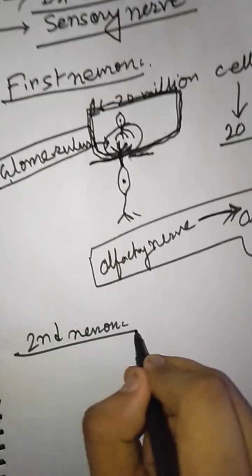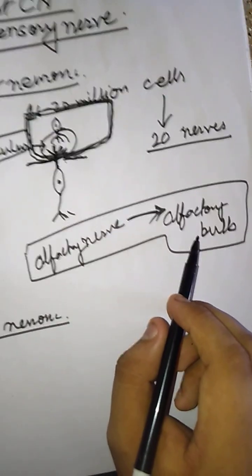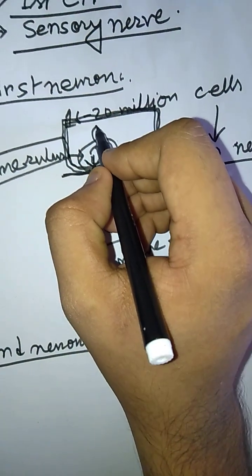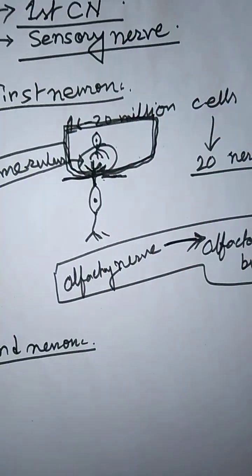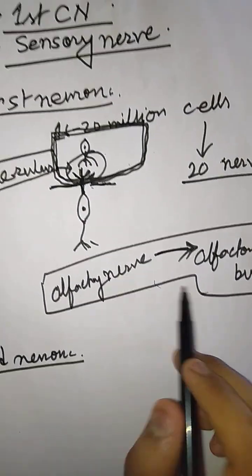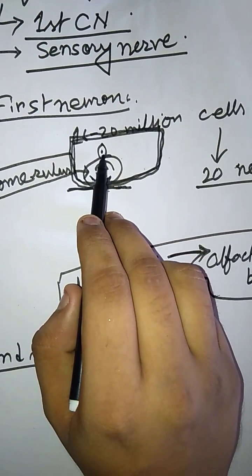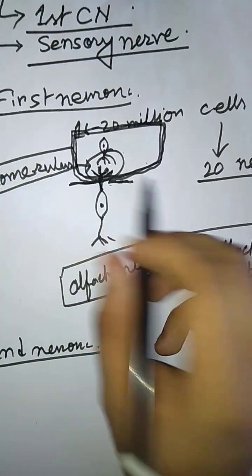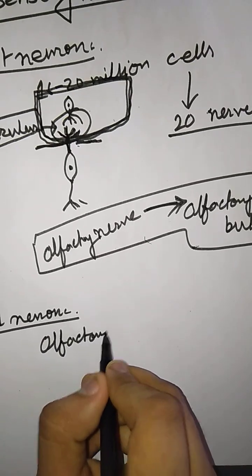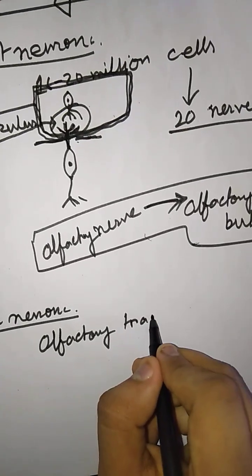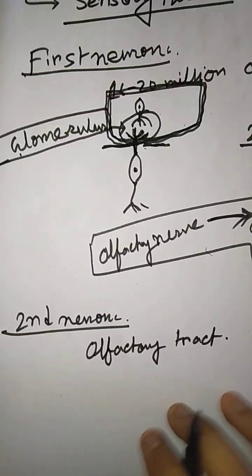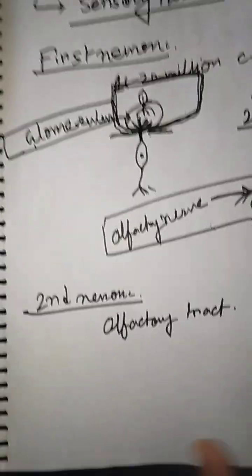Second order neuron means, from the olfactory bulb, the axon terminals of the mitral cells, which I have already discussed in the past video, join together and form the olfactory tract, which goes to the primary olfactory cortex and many structures.